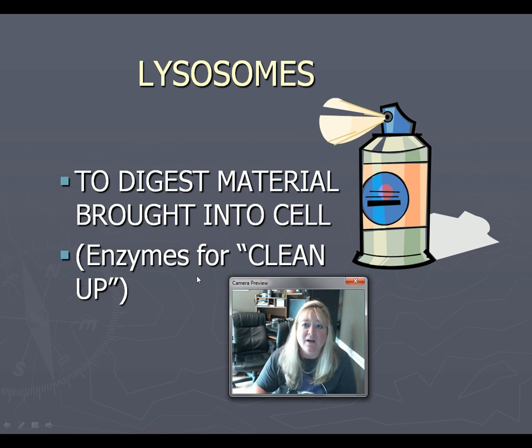And well, why would we want this in the cells? Well, a lot of times protozoa will use lysosomes to help break down the food that they take in because they don't have a stomach. They're just single-celled organisms, so they have to have a way to digest materials, so the lysosomes will do that. The lysosomes will also be found in white blood cells that fight infection in your body and that go and destroy bacteria or viruses that are invading your body.